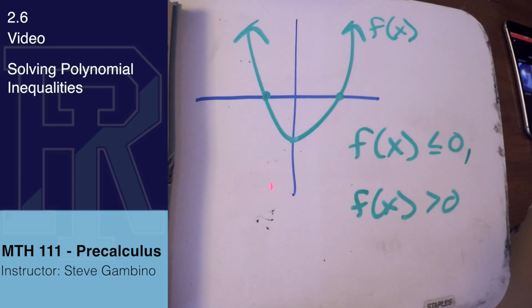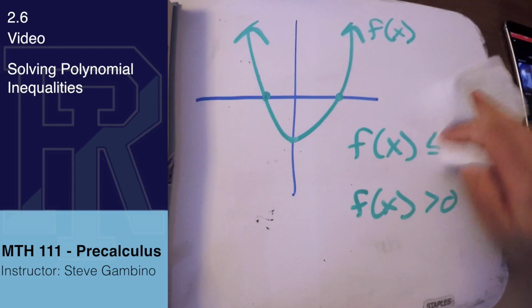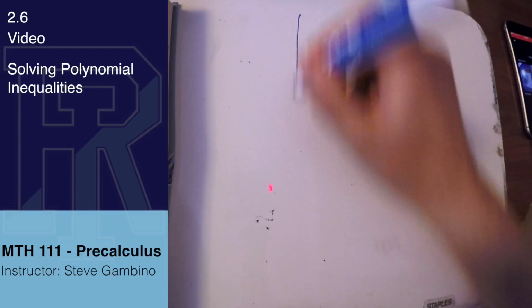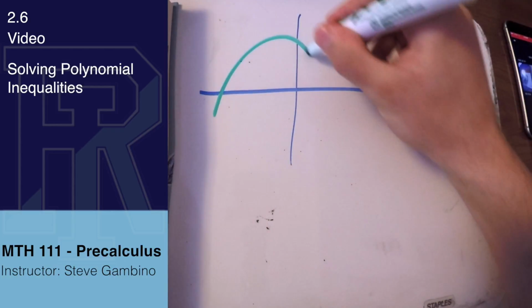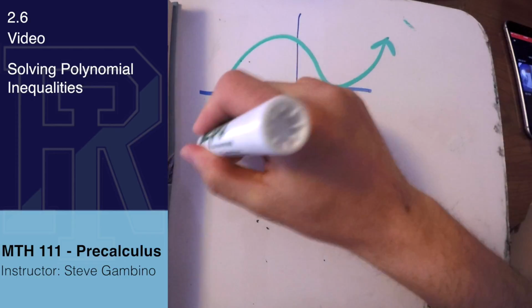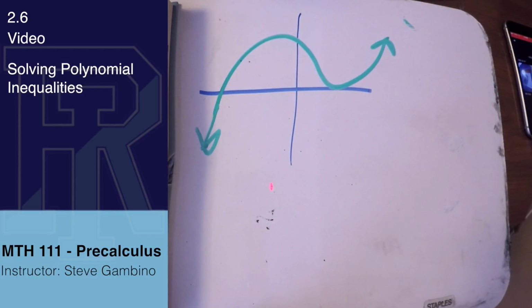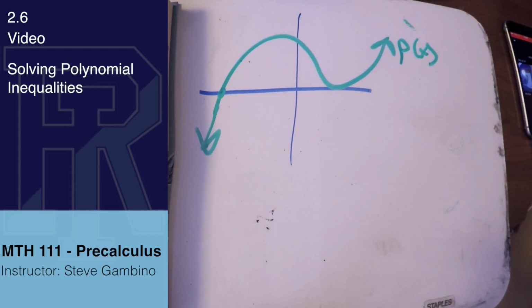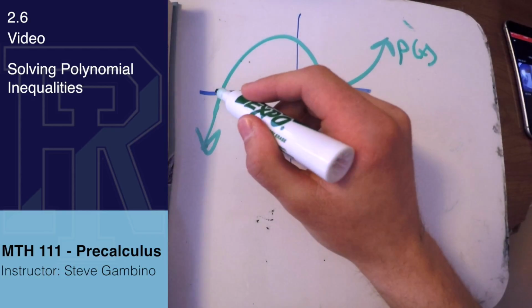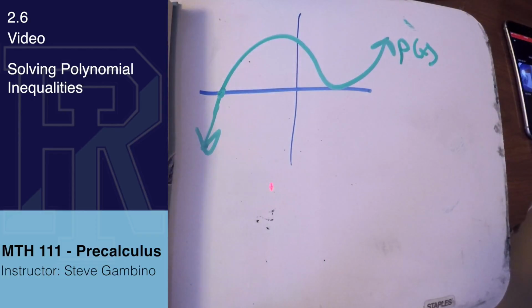And we can do a pretty similar thing with any polynomial. So for example, if we graphed a polynomial that looked like this, we can look at this graph and see, okay, it's pretty clear that from this point to the right, our function p of x is always going to be greater than or equal to 0, and from this point to the left is always going to be less than or equal to 0.